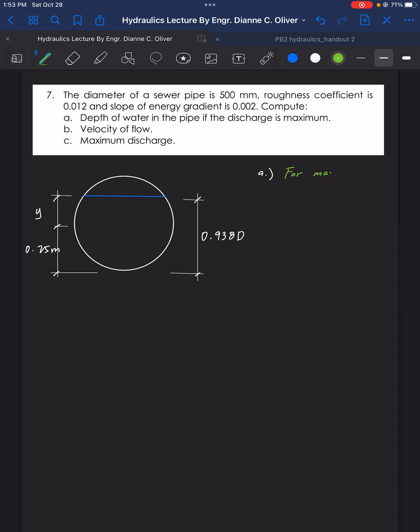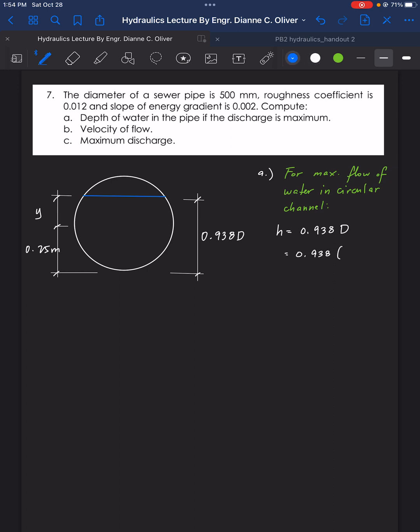For maximum flow of water in a circular channel, the depth H is equal to 0.938 of the diameter. What's the diameter?